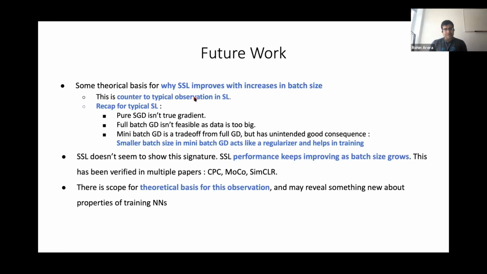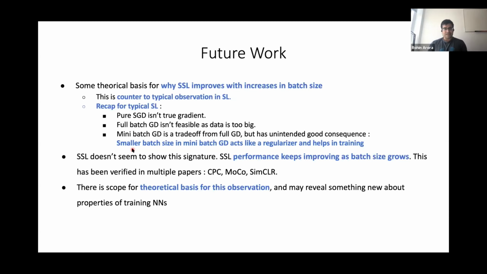You can have a single example GD, which is the SGD, but it is not the true gradient. So we generally go with a mini batch GD. It actually brings in some noise to the network and helps in training. And that is what we learn from general supervised learning, that the noise that mini batch GD brings in really helps in training, because increasing the batch size with typical SL sometimes hurts performance.